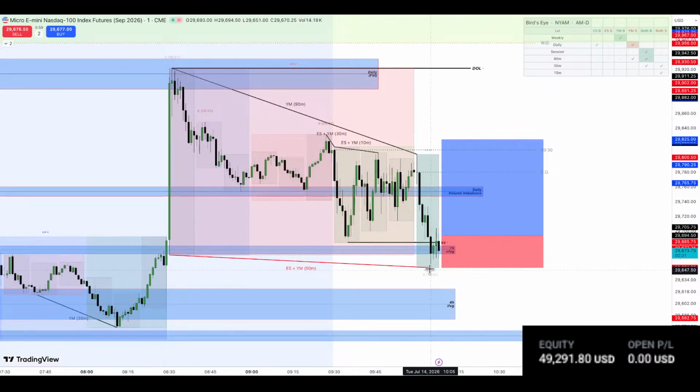If price grabs this liquidity here and just moves up and closes above this high, then I'll be looking to trade long.